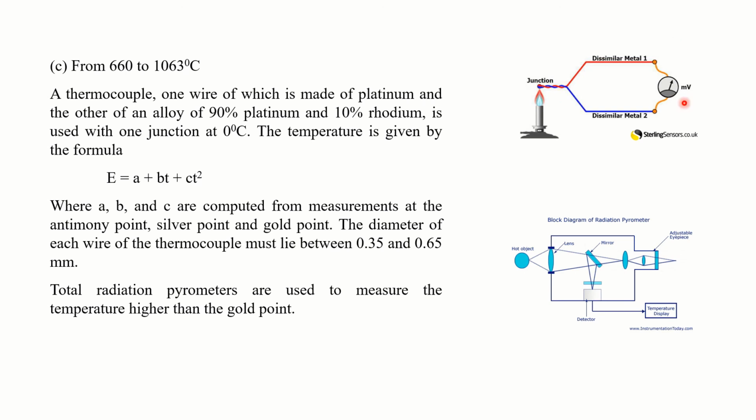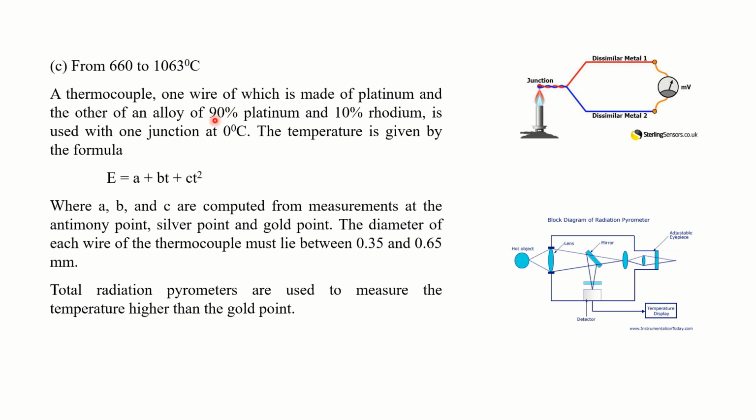For that, we need to calibrate this thermocouple. The equation that is used is E equals A plus BT plus CT squared. There are three constants, A, B, and C, which have to be determined by solving these equations, considering the antimony point, silver point, and gold point. While forming this thermocouple, the wire diameter should be around 0.35 to 0.65 millimeter.